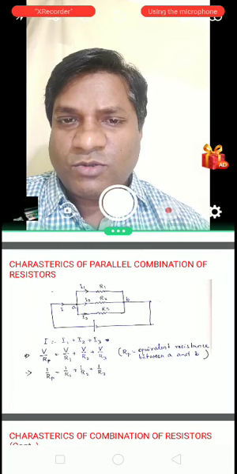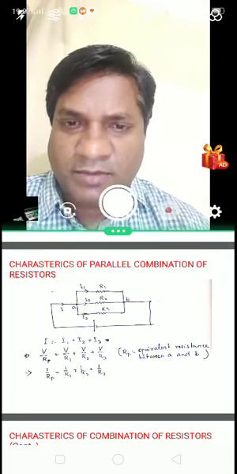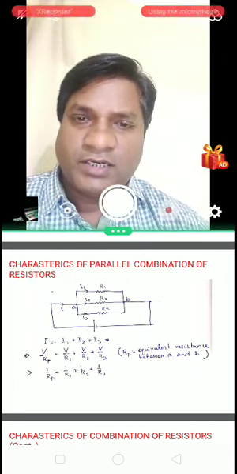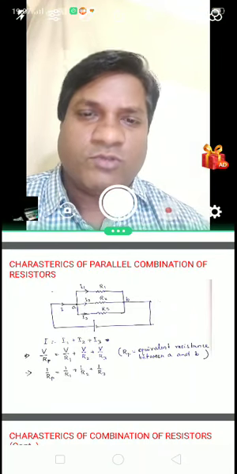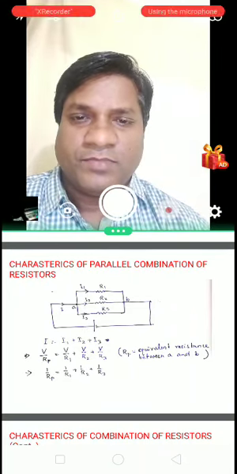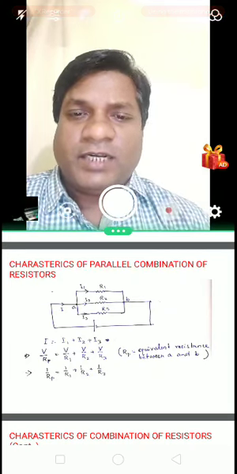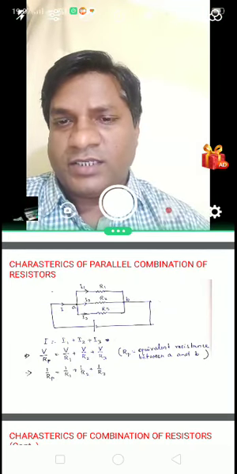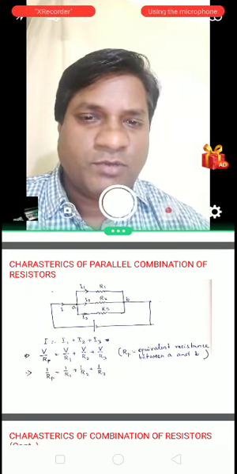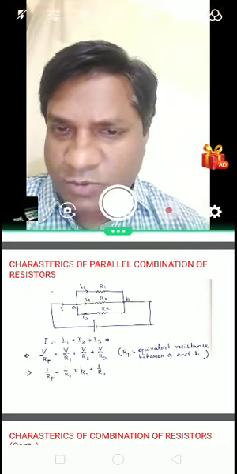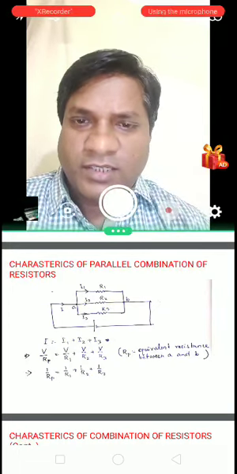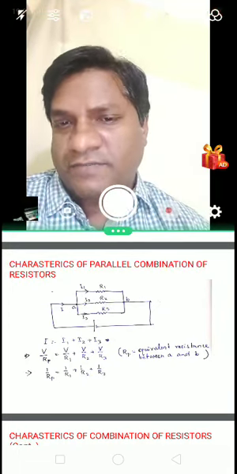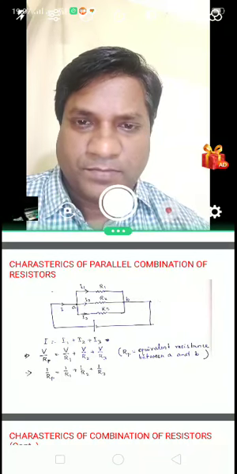The current flowing through the first branch, that is R1, is I1. Then current flowing through second branch is I2 and through third branch R3 is I3. Since the total current is divided into three parts, total current I is equal to I1 plus I2 plus I3. Now according to Ohm's law, current is equal to potential difference by resistance.